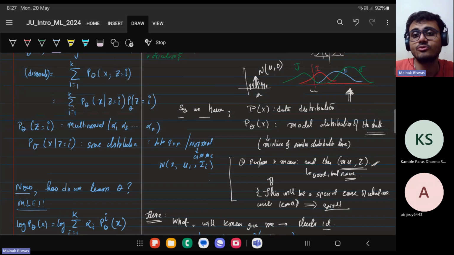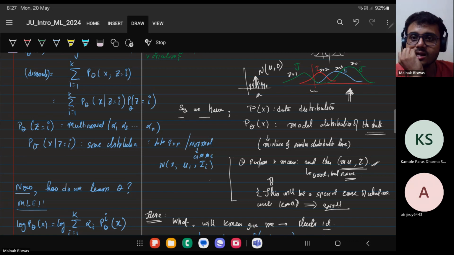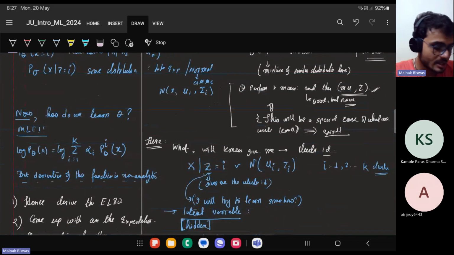It gives me the distribution from which the height is being sampled. So for example, Z can be equal to 1, 2, 3, or 4. So this is your latent variable.